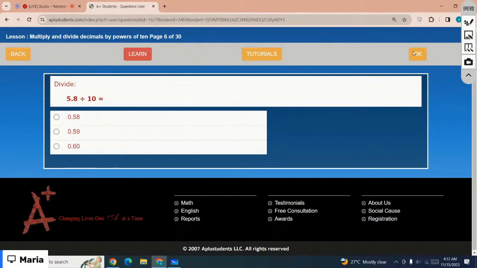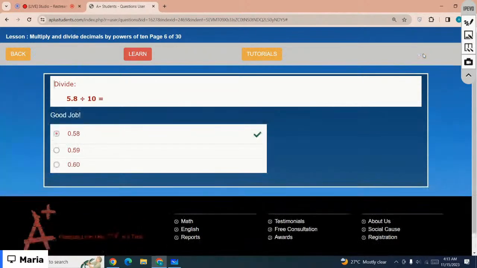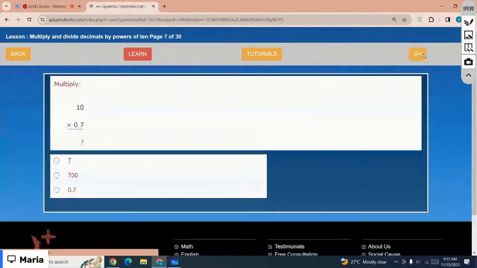The correct option is, yes, that is 0.58. You need to move the decimal point one place left. Got it?